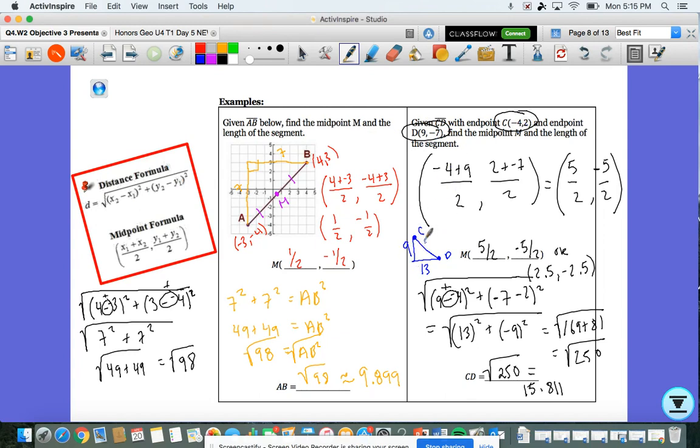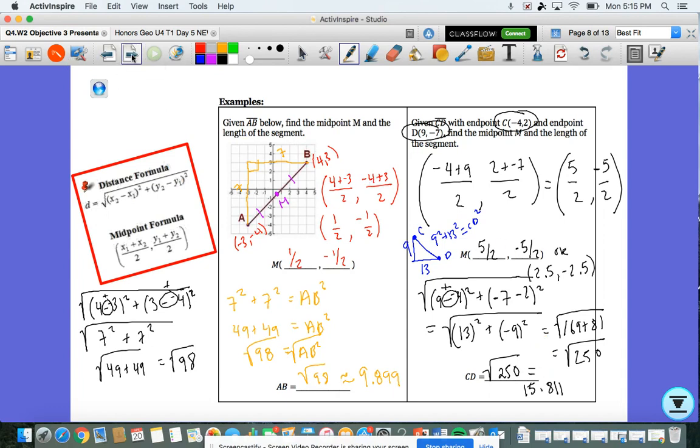Right? And then I could say, oh, I'm just going to use the Pythagorean theorem now and do 9 squared plus 13 squared equals CD squared. Which ultimately is still going to get me to this point. I'm still going to have 13 squared plus negative 9 squared. It's still the same thing. I'm still going to get 250. But if you're more of a visual person, that idea might work for you.